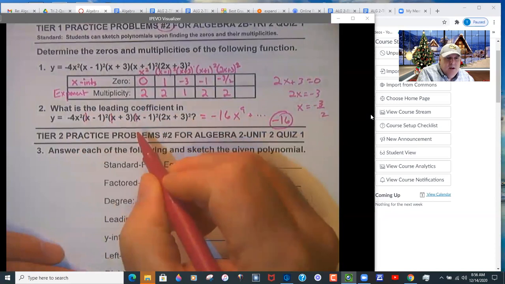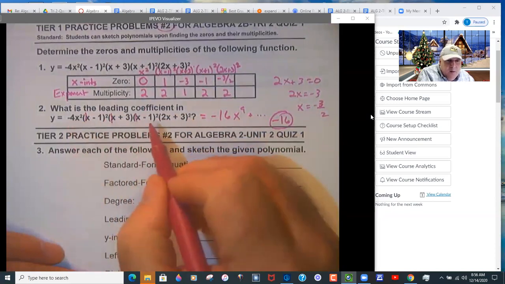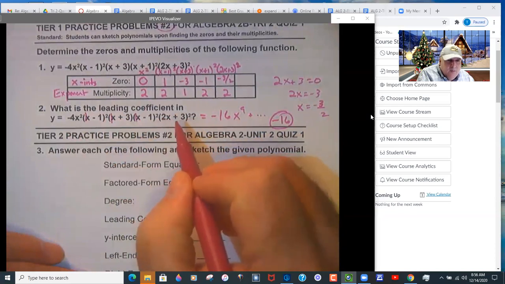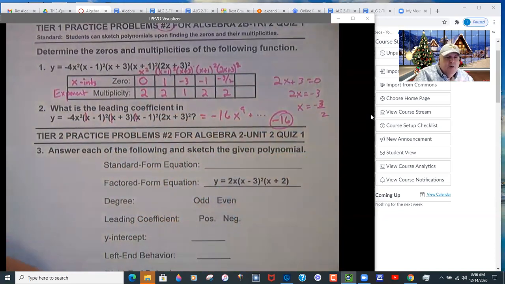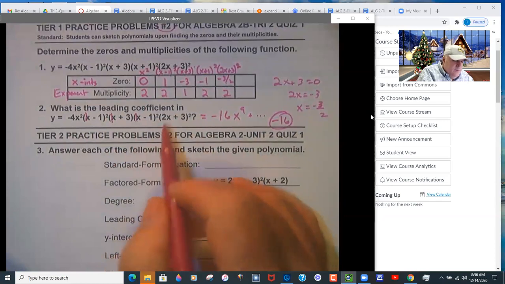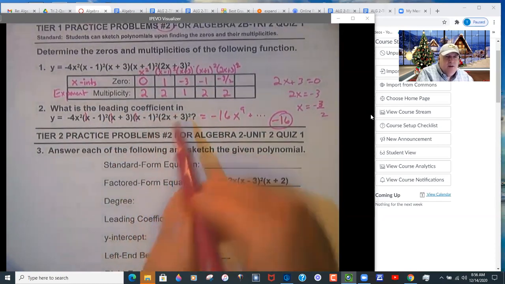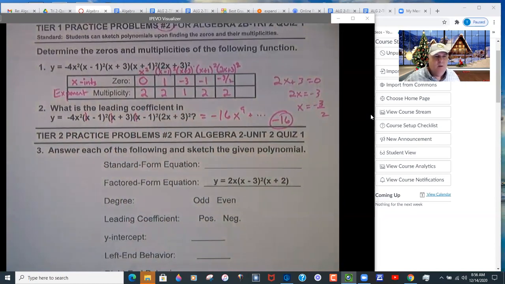So there's a bunch of 1s in there. You're only doing negative 4 times 2 squared, which 2 squared is 4, negative 4 times 4. So you're just taking that coefficient of x and performing the power, because that's what's happening. If you express that whole thing out, that's what's going on to get the leading coefficient.